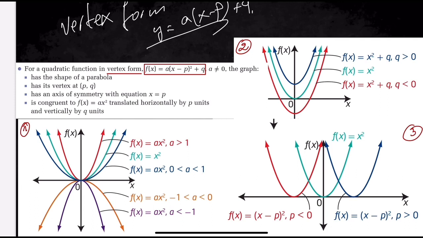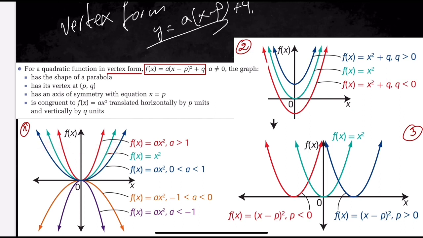So for a, it shows you if the graph is widely open or shortly open. If the graph is widely open, that means your a is between 0 and 1. It is less than 1, and it should be greater than 0. So between 0 and 1.